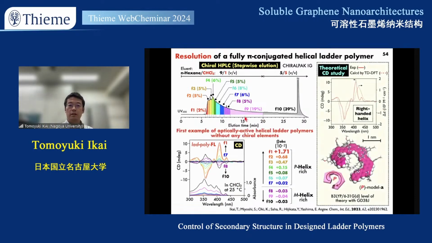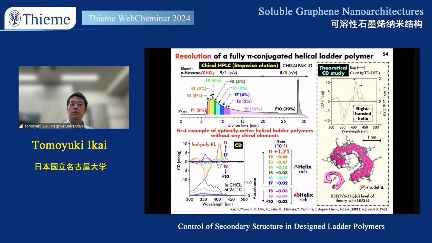Or we can say that we succeeded in the synthesis of the optically active helical ladder polymer without any chiral element. And based on the TD-DFT calculation, the former fraction contains the P-rich helix and the later fraction contains the M-rich helix.